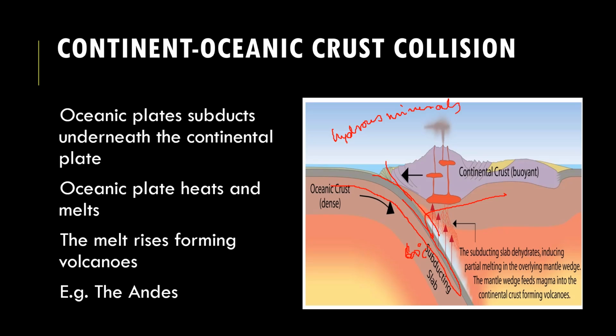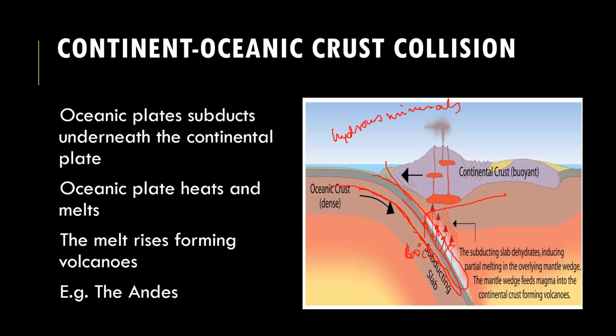Hydrous minerals are stable at lower temperature and pressure. When they go deeper and deeper, they are not stable, right? Devolatilization or decarbonization takes place, so volatile materials get removed from the structure. Due to the presence of these volatiles, the geothermal gradient gets lowered.